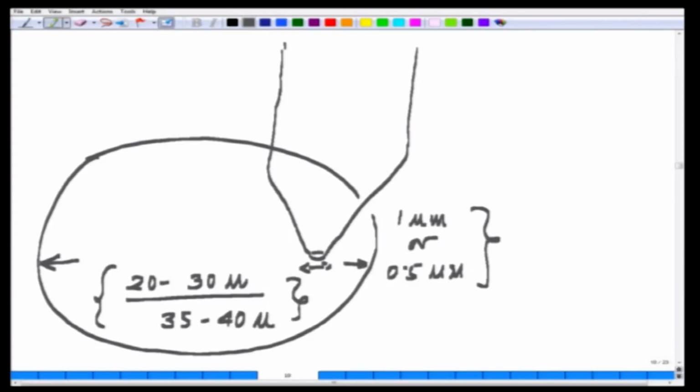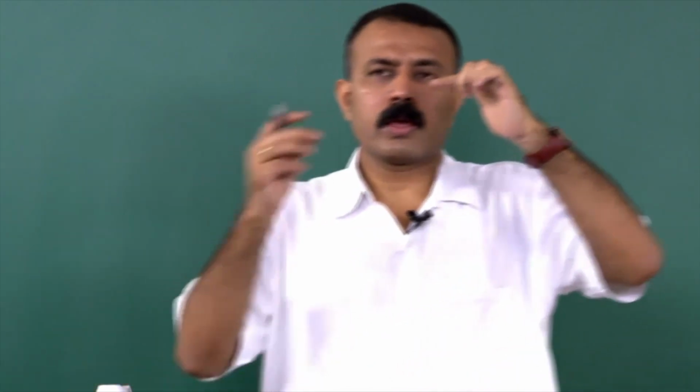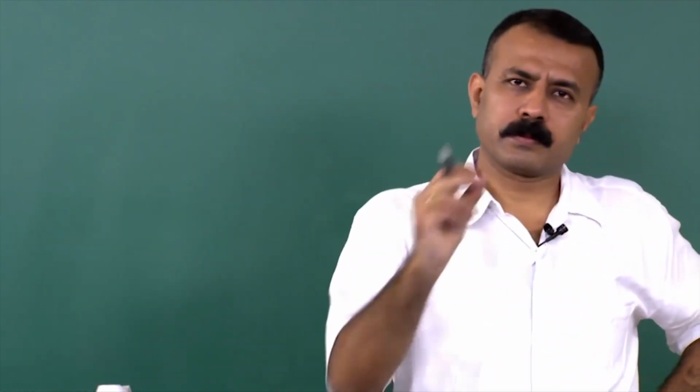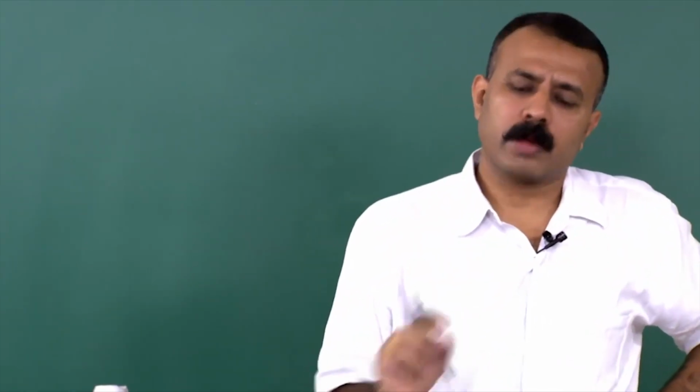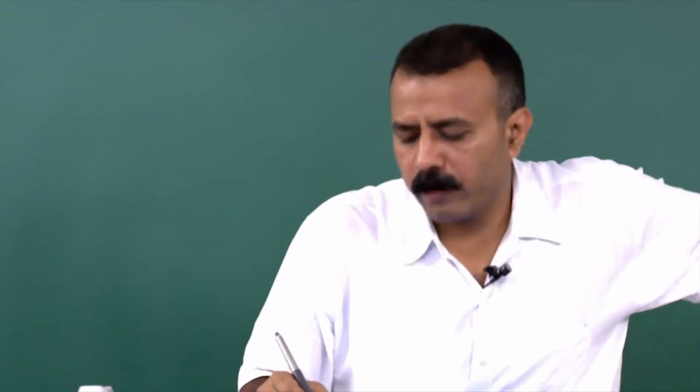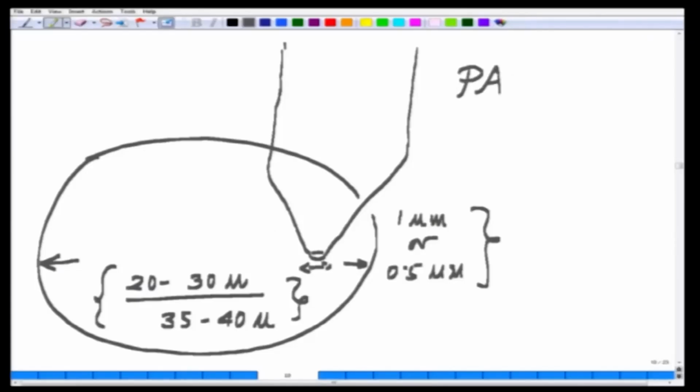Now, with that small tip, you can access at least a 1 micron patch of a cell, and mind it, the name is patch clamp.